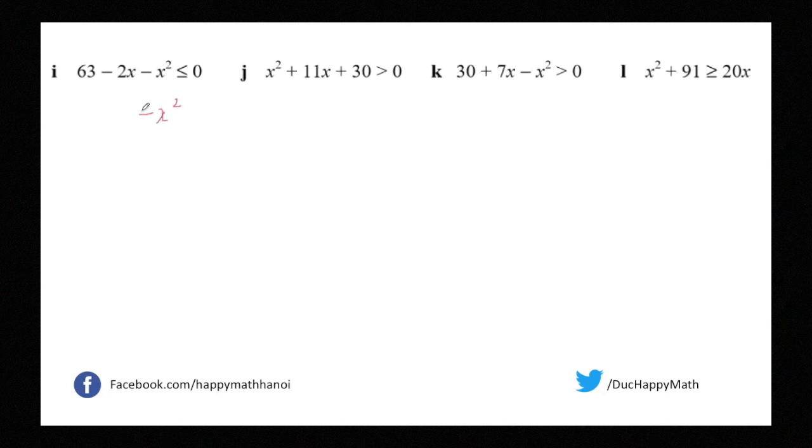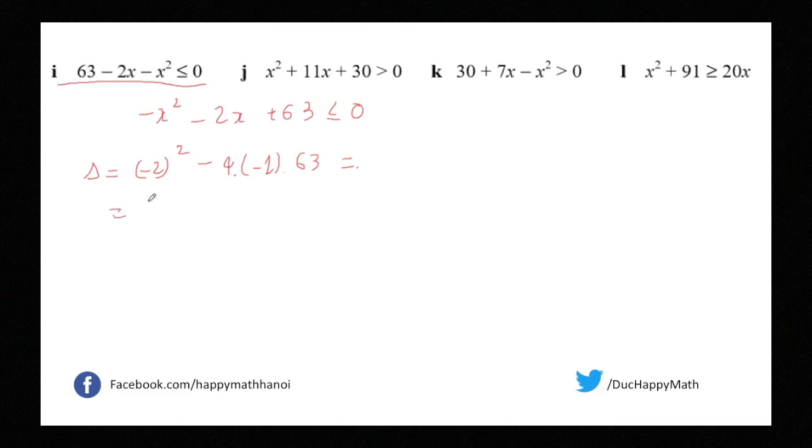Question I. Rearrange this first. And then calculate delta. b squared minus 4ac. Wow, it is a little bit big number. Ready?